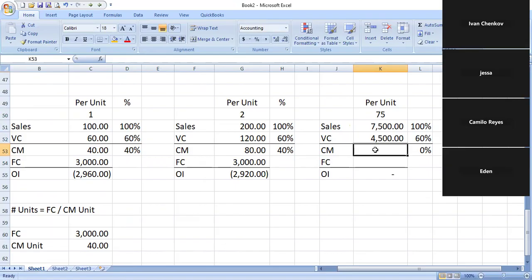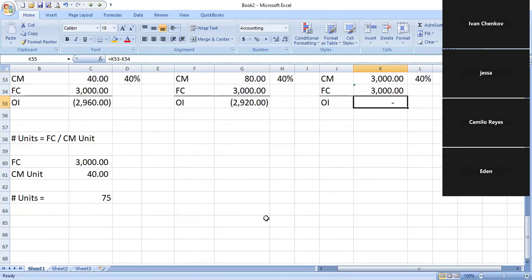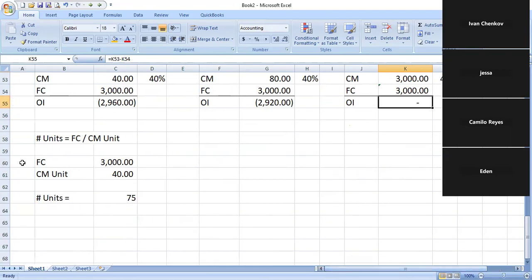What was my objective? To get contribution margin equal to the fixed cost. Fixed cost is 3,000. They're not going to change. So what I need here is 3,000. Did I get it? 7,500 minus 4,500, I get 3,000. So my operating income is 0. What does that tell us? That tells us that this formula works.